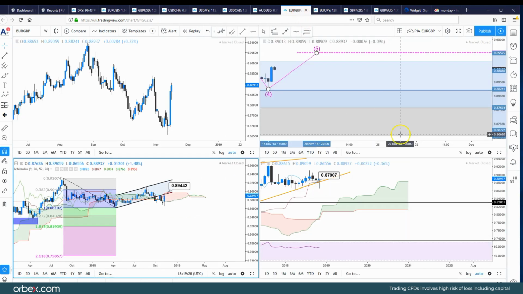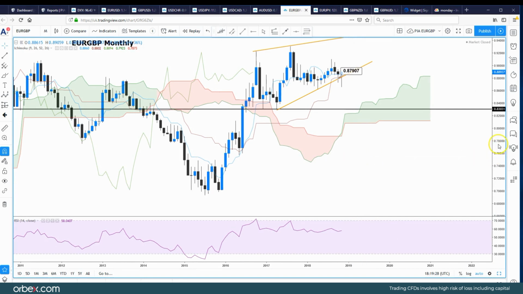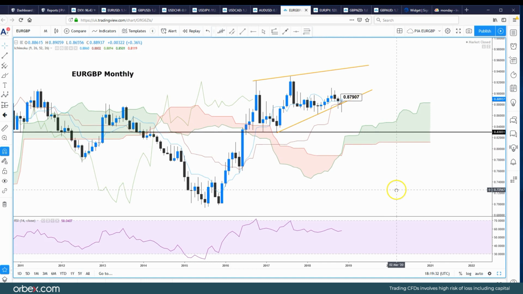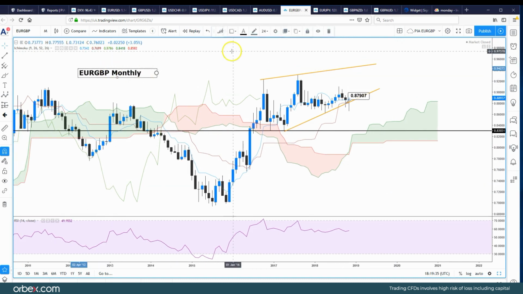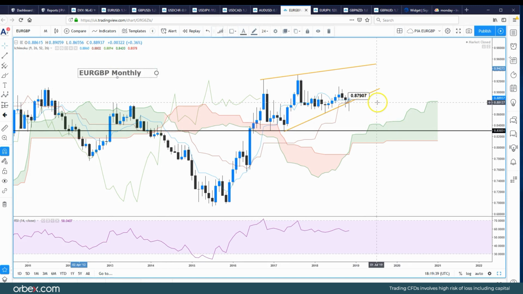Euro sterling, obviously extremely volatile with the Brexit news. Let's have a look at this time frame first. Actually, this is the monthly chart. We've got another 13 days of this month to play out, so we're just contemplating whether or not we'll hold this breakout.